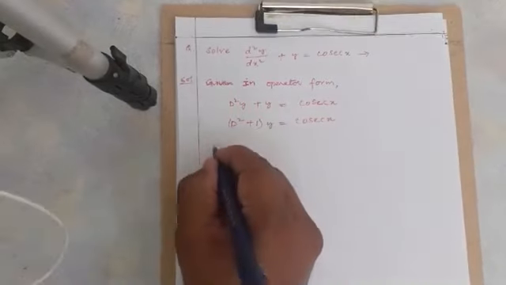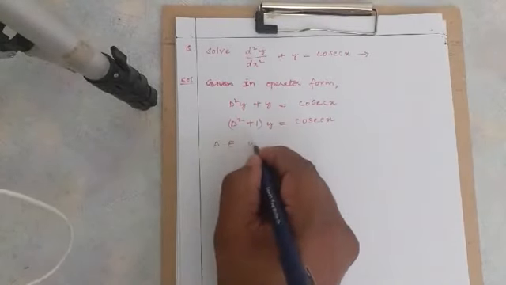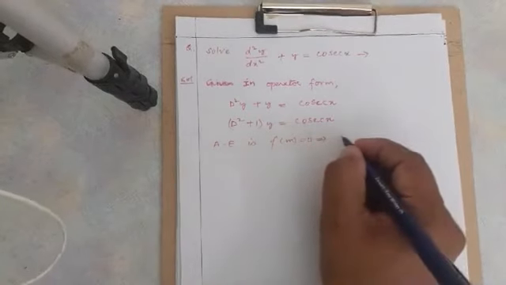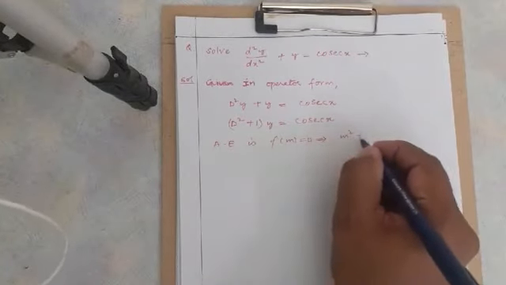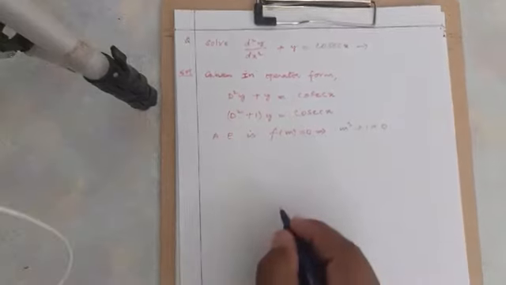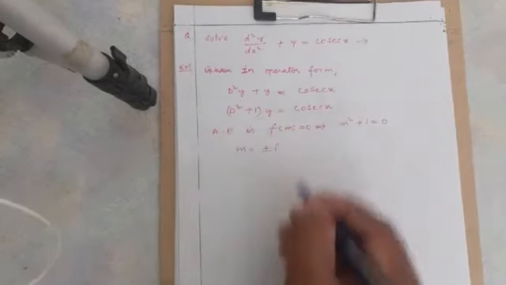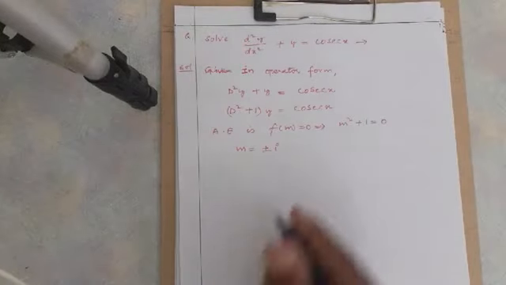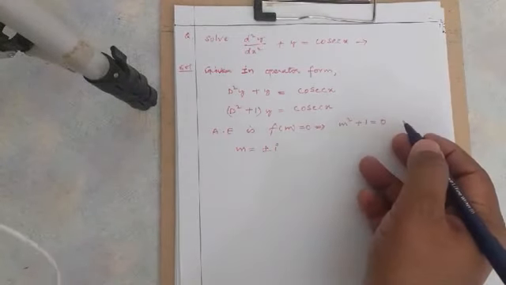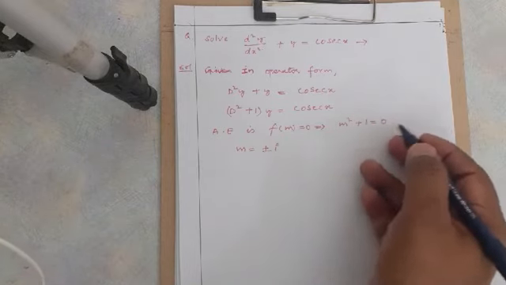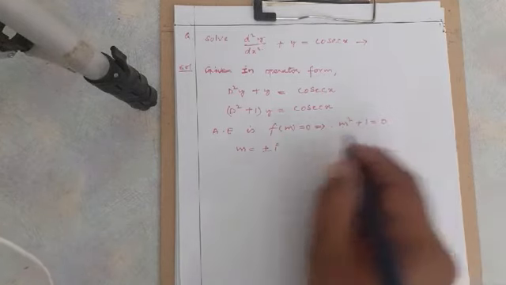Now the auxiliary equation is f of m equal to 0, which implies m squared plus 1 is equal to 0. So m is equal to plus or minus i, because m squared is equal to minus 1, and m is equal to plus or minus under root of minus 1, which is nothing but i.